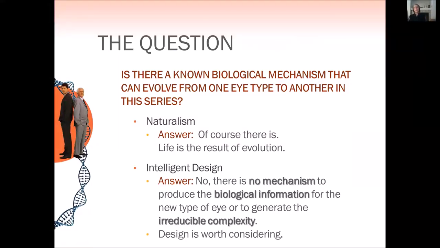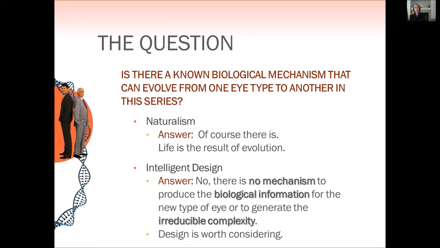If you are a naturalistic scientist who believes that there are no supernatural interventions, everything is the result of natural law, you're going to say, of course there's a mechanism. We know that life is the result of evolution.